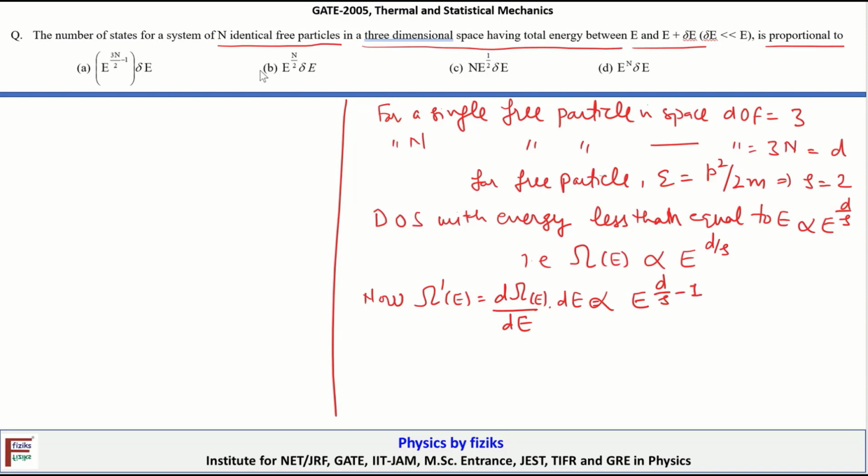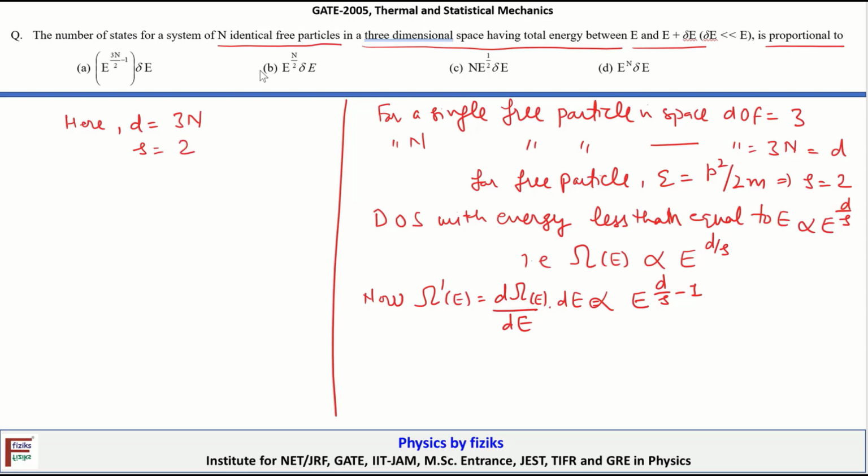So here in the present case, d is equal to 3n and s, the exponent of p, is equal to 2.